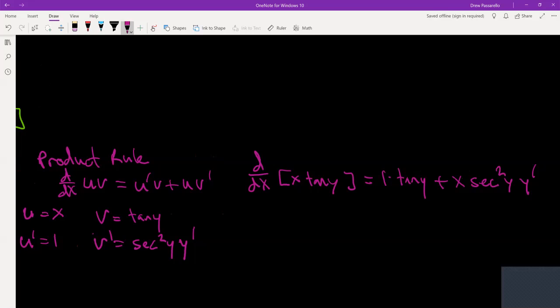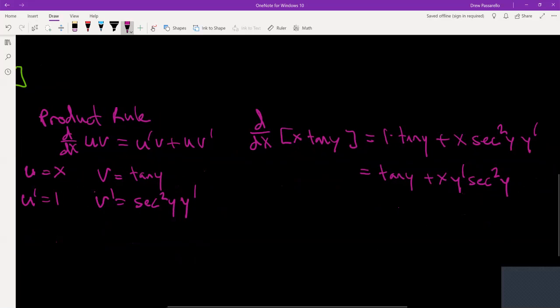So you could just write it as tangent y plus, I'm going to put the y prime next to x, and just write it as x y prime secant squared y. Just because it looks visually more appealing.